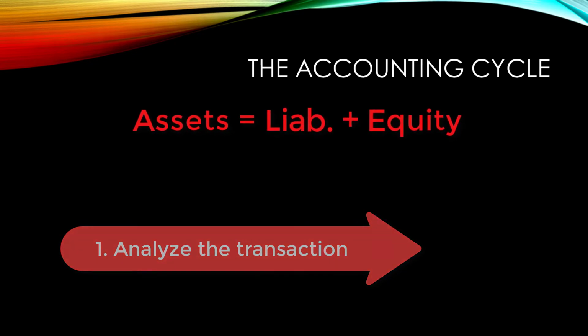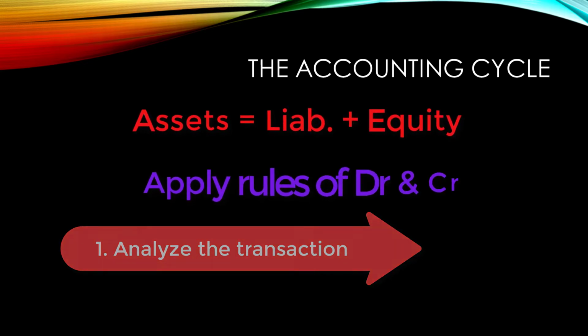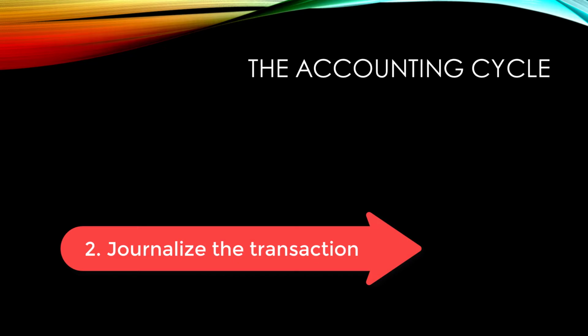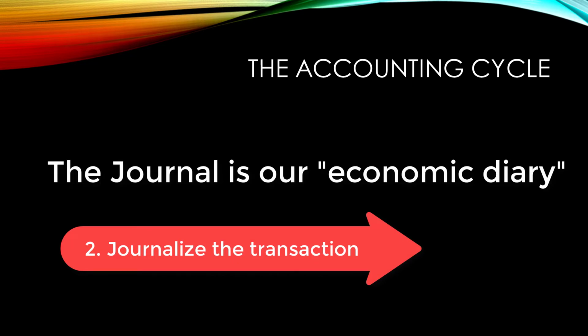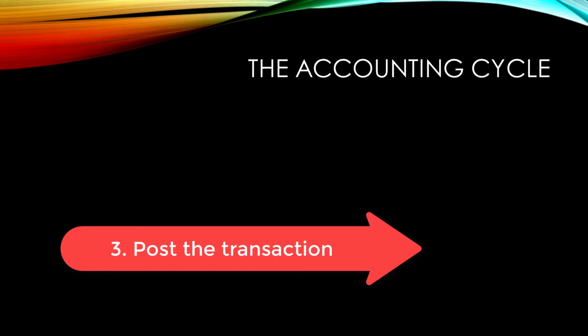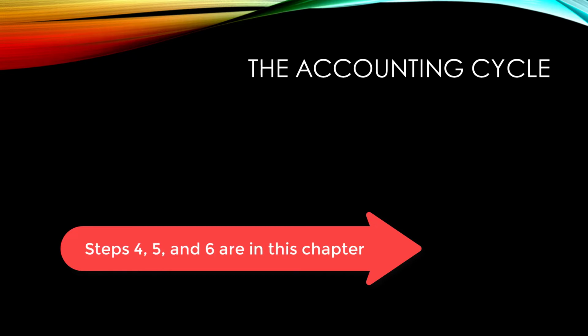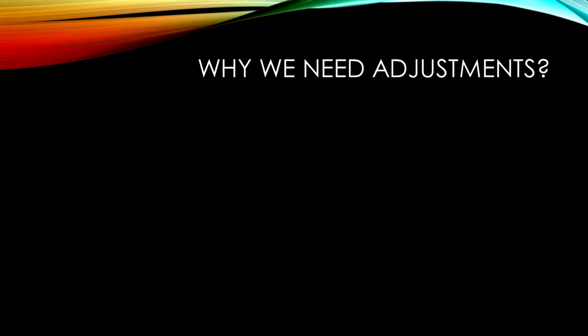Think about the effect on the accounting equation, whether accounts are increasing or decreasing, and apply the rules of debits and credits. Step number 2 was to journalize the transaction in the General Journal. Step number 3 was to post the transaction to the General Ledger. In this chapter, we will learn about the next few steps in the accounting cycle.